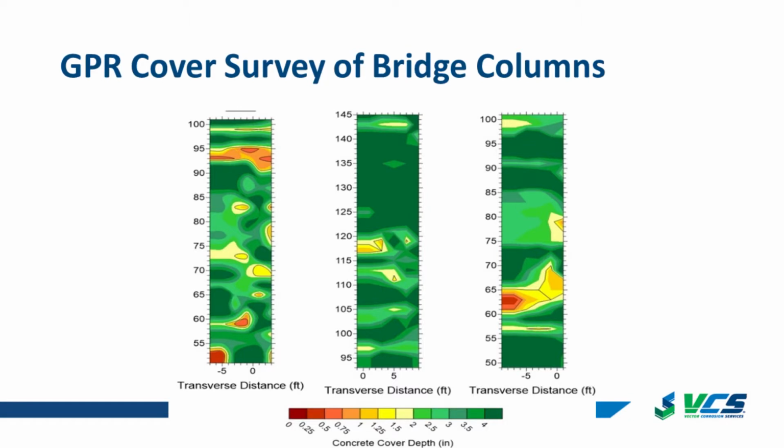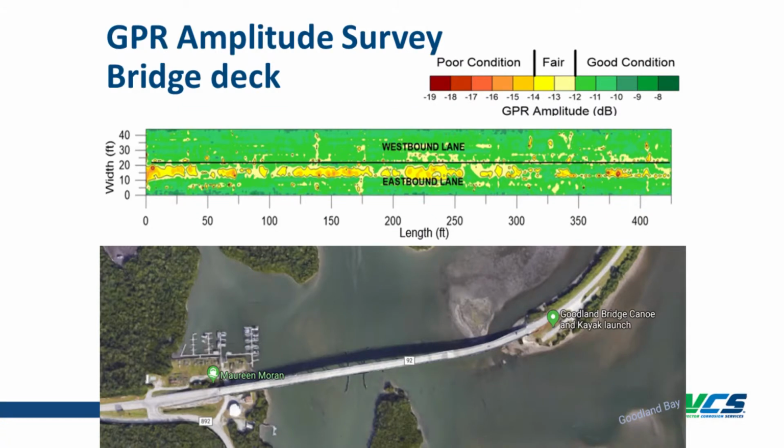If we scan GPR on these columns, we can identify a few areas of very low cover. What we can do with this is identify areas that may need a corrosion inhibitor or a coating. So we can apply some preservation techniques there to prevent any early age deterioration in those elements. Doing that kind of amplitude survey that I indicated.